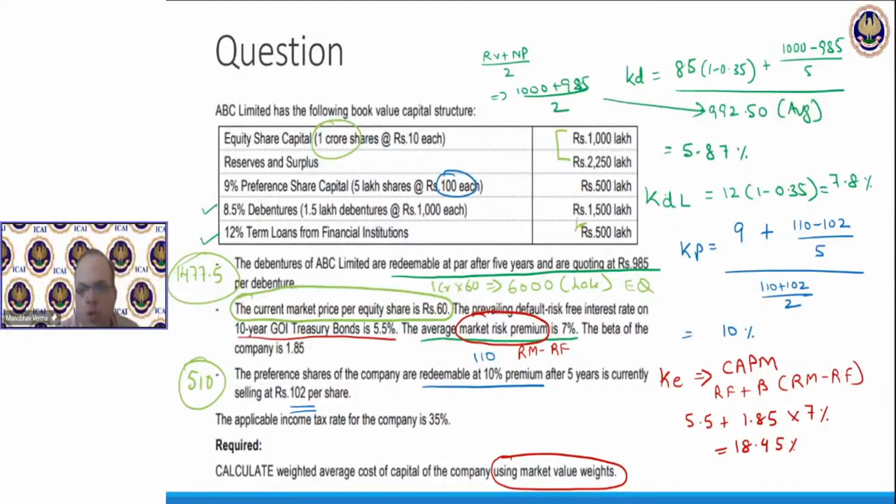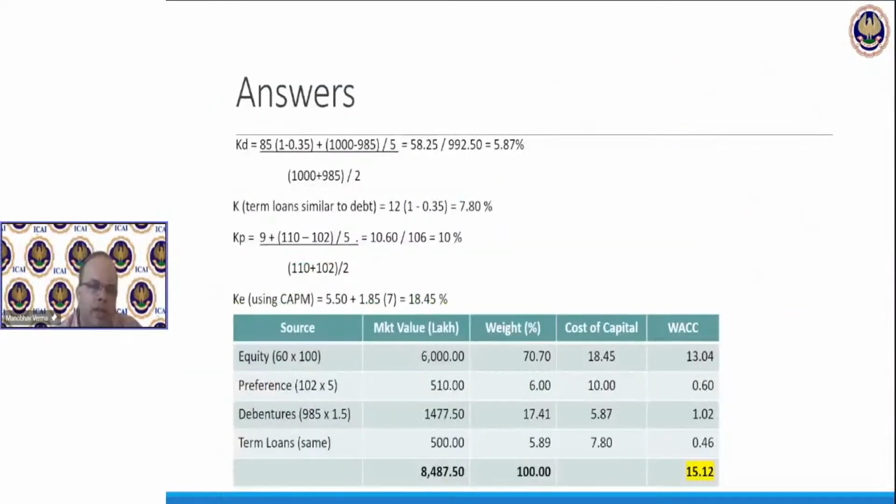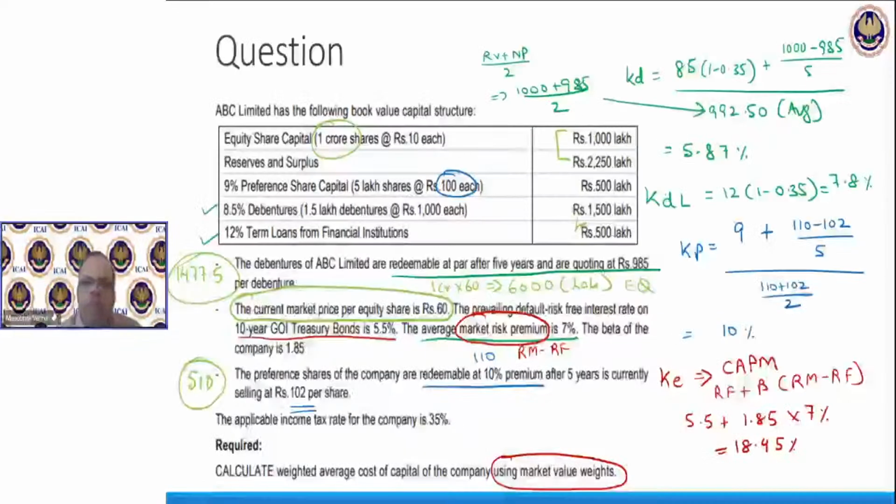Makes sense to everyone? If you understand these market values, what we need to do is simply plot these market values here. Equity, 6,000 in lakhs, preference, debentures, and the term loans will remain the same. Term loans is 500 lakhs. There is no separate market value for that.